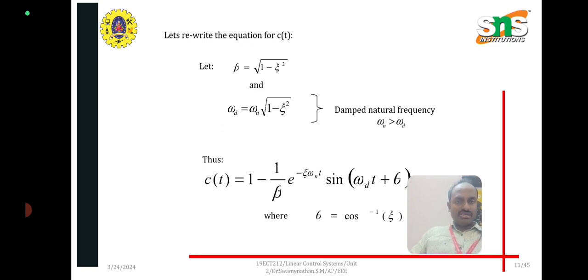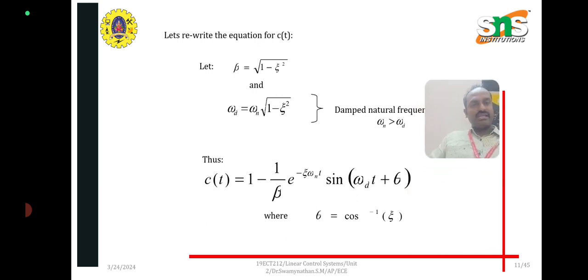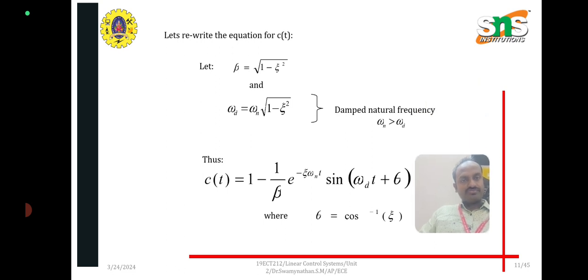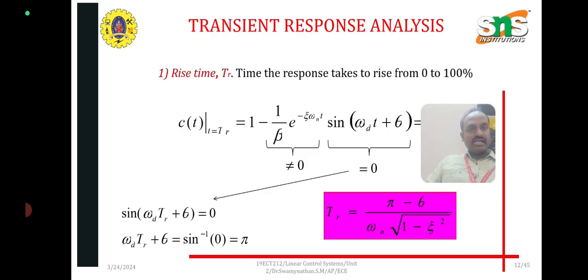C of t is 1 minus 1 divided by beta, e power minus zeta omega n t, sine of omega d t plus theta. These are the transient response.